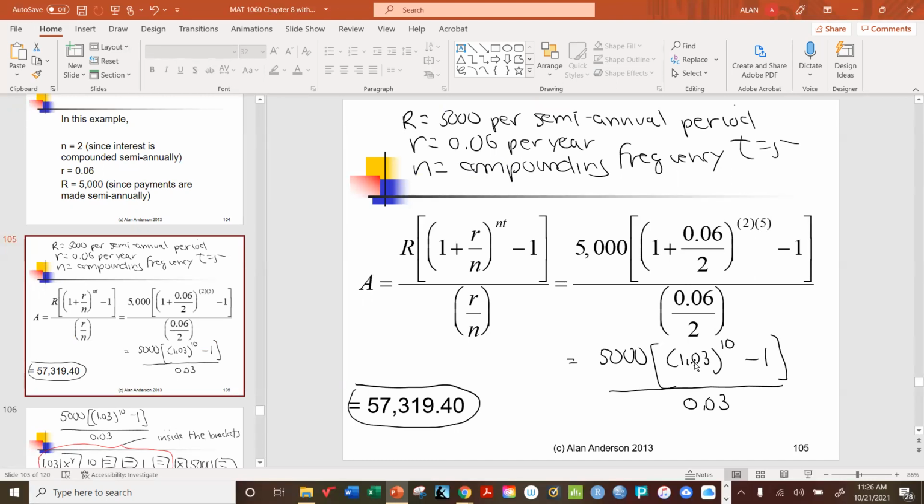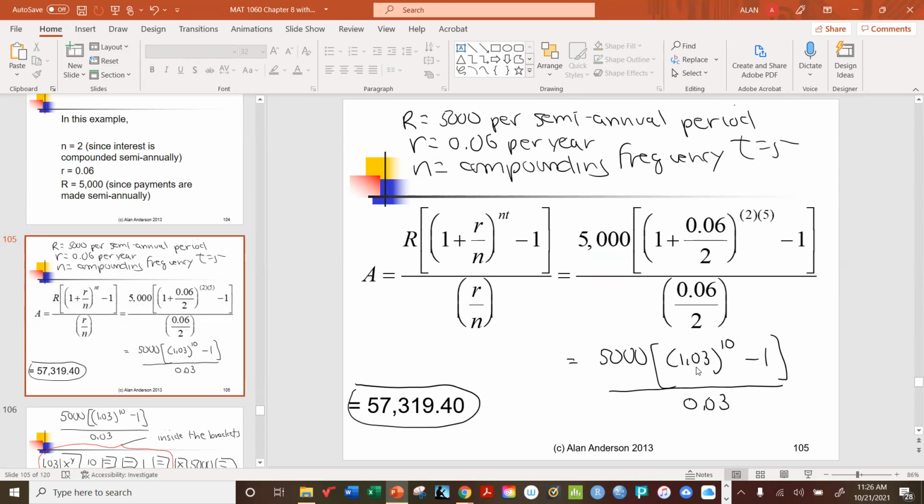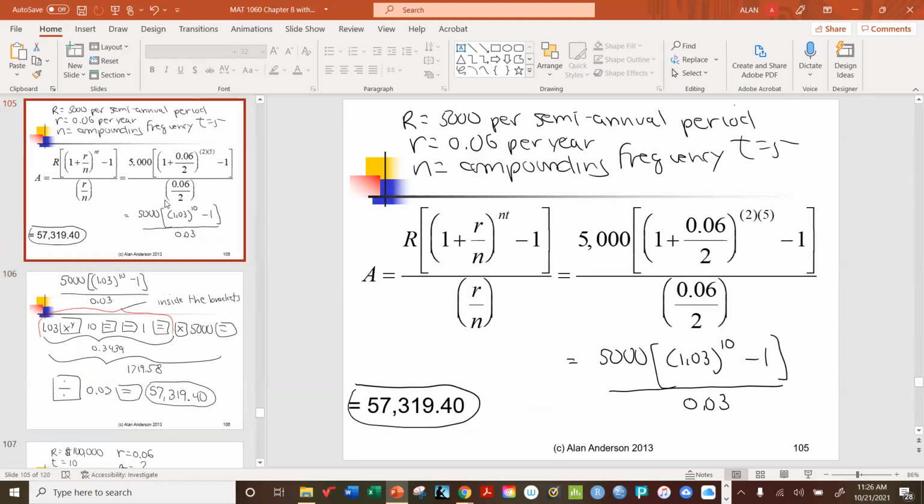So if you look down below, you see that you can simplify this a little bit, and you probably should. You could rewrite this as 5,000 times 1.03 to the 10th power minus 1, all divided by 3%. Now, what I think you should do, and I'll discuss this with you in the next slide, is work on the parentheses first.